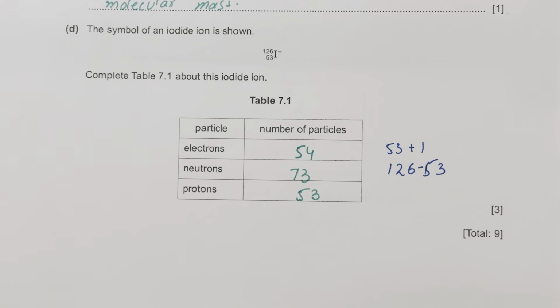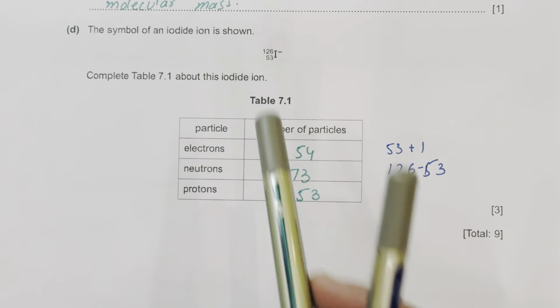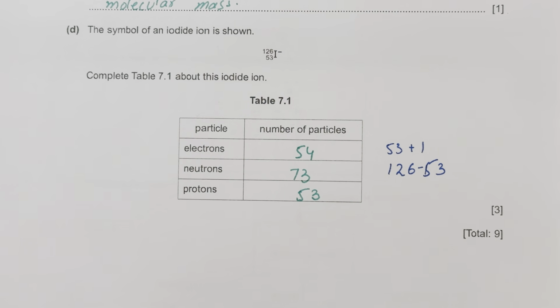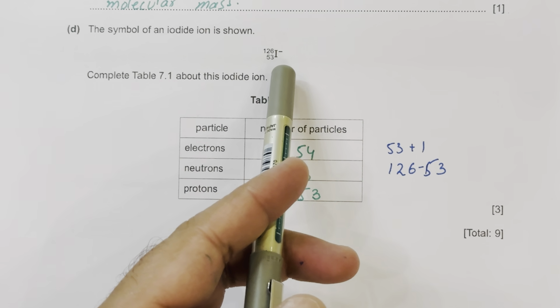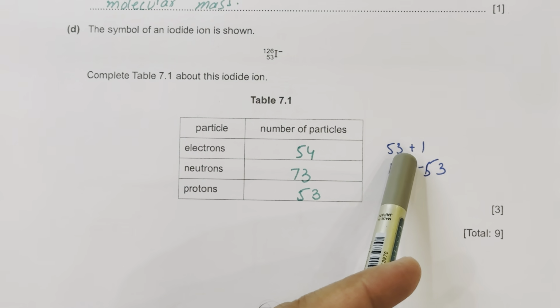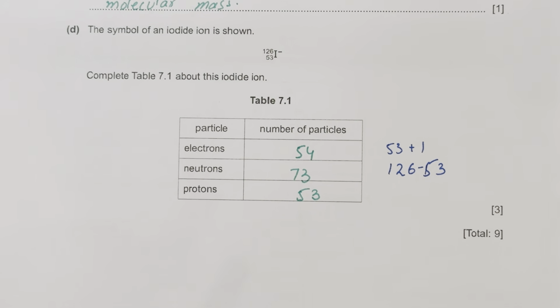Moving to part D. The symbol of an iodide ion is shown. Complete the table 7.1 about this iodide ion. I minus, 126 and 53. Electrons: we can calculate that because it has gained an electron, 53 plus 1 would be 54.